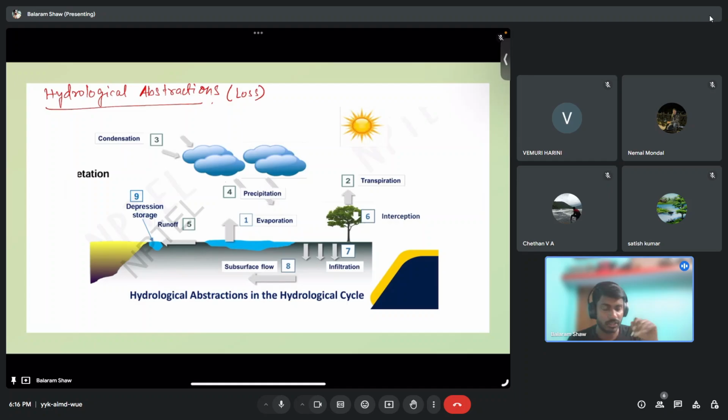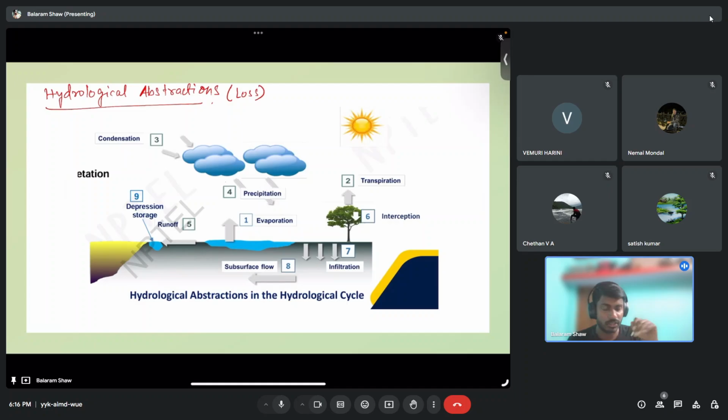Okay. So firstly, let's understand why we need this abstraction, or why we should study it. Anyway, we have discussed what abstraction is. Abstraction is the process by which water is removed from the natural hydrological cycle or the watershed.